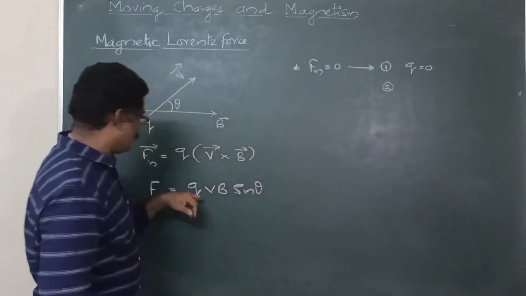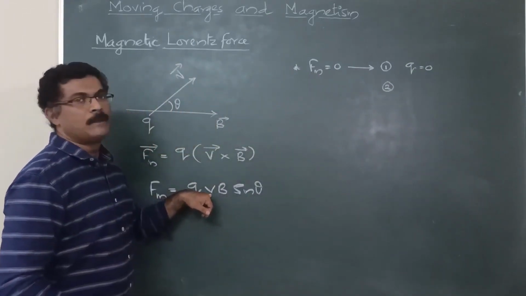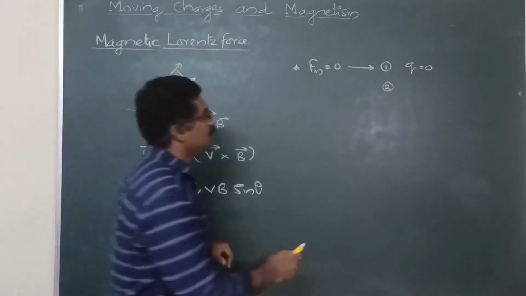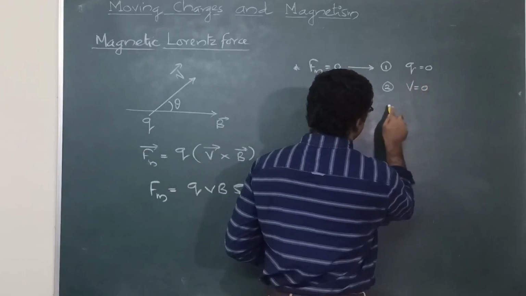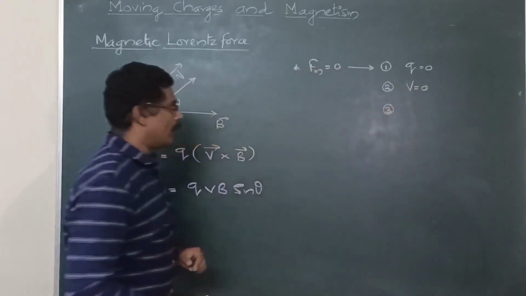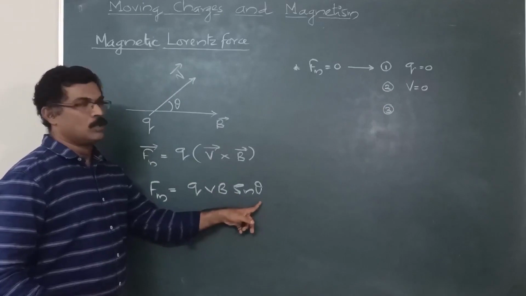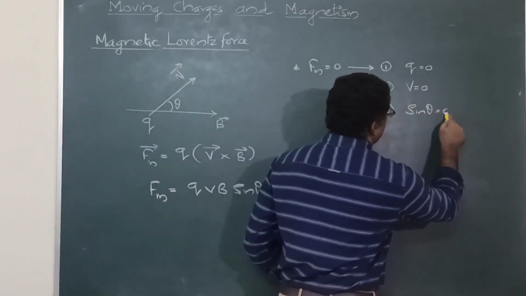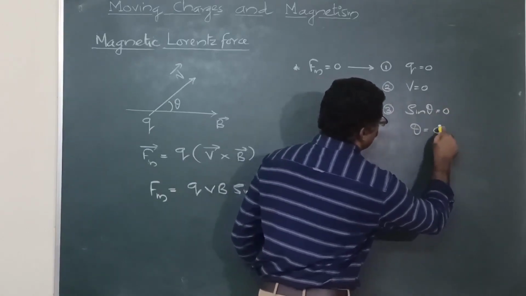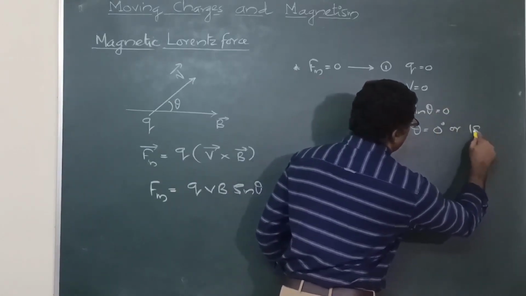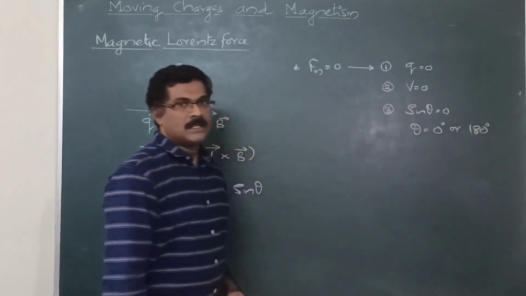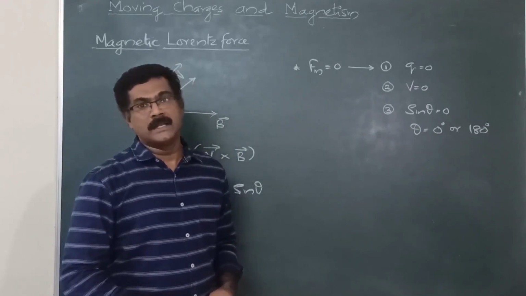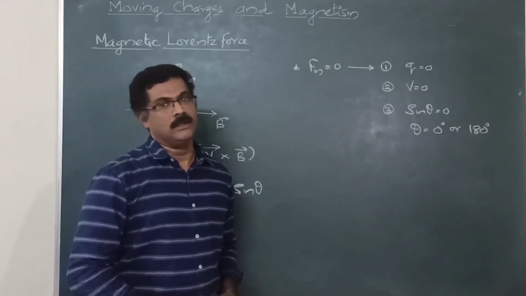Second, when the velocity of the particle is 0, that is when the charged particle is at rest, V equal to 0. Third, when sin theta equals 0, which means theta is equal to 0 degree or 180 degree, that is when the charged particles are moving parallel or anti-parallel to the magnetic field.